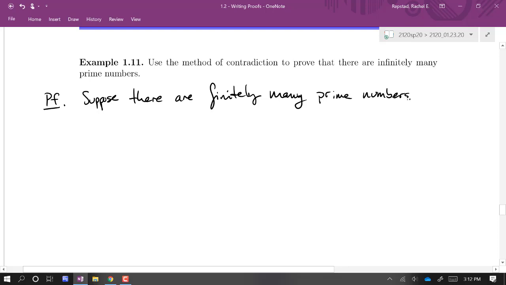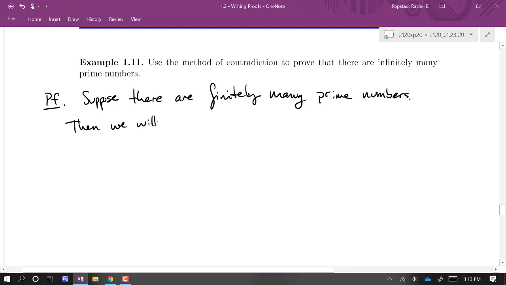So if there are finitely many primes, then you can put them in a list, right? A finite list that will end. So we're going to do that.